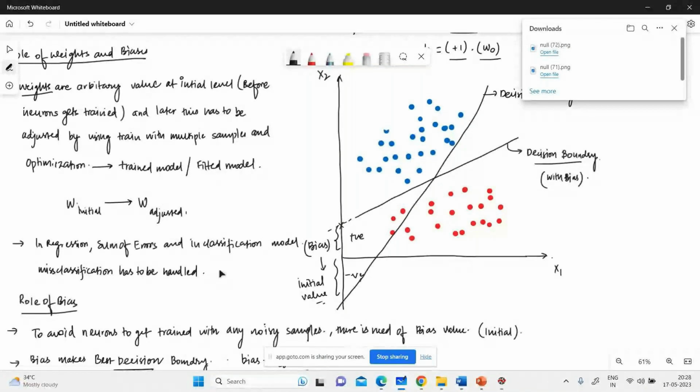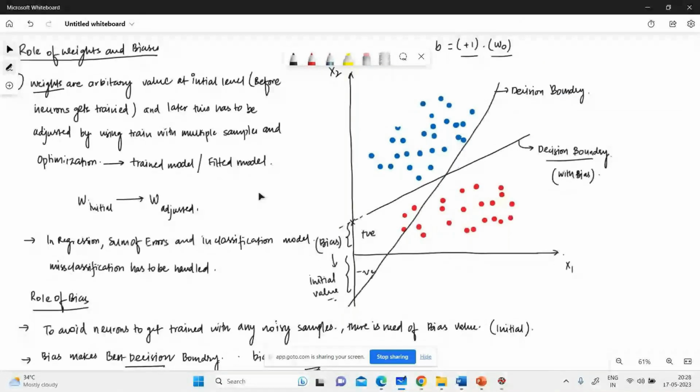Weights are an important feature value which has to be present so that it can make your model fit from unfit. And the journey of your unfitted or untrained model to the fitted or trained model is explained here, which goes from W initial to W adjusted.